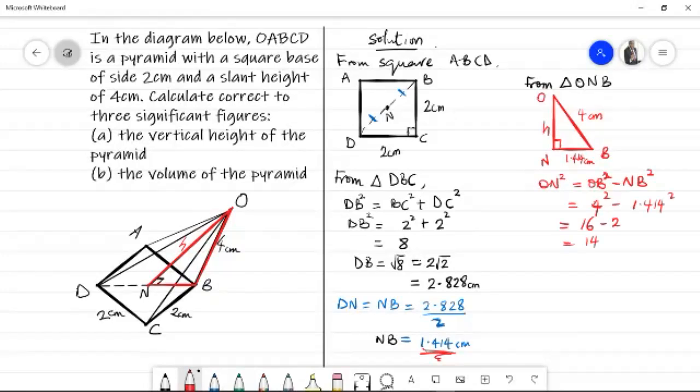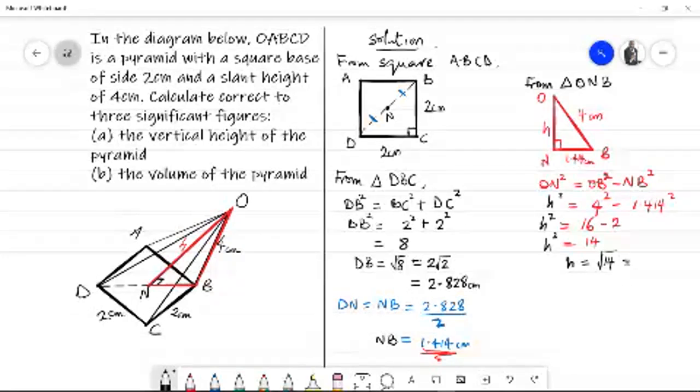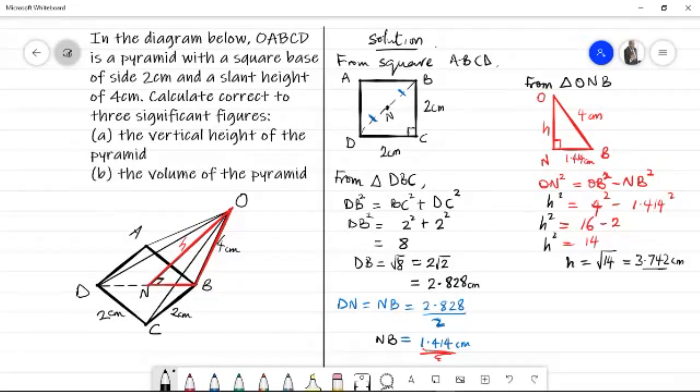I'm sure you can observe that ON from that triangle is the height of our triangle, which is also the height of the pyramid. So the vertical height is the square root of 14, which gives 3.742 centimeters. So we found our height. That's for question A, and that is solved already.